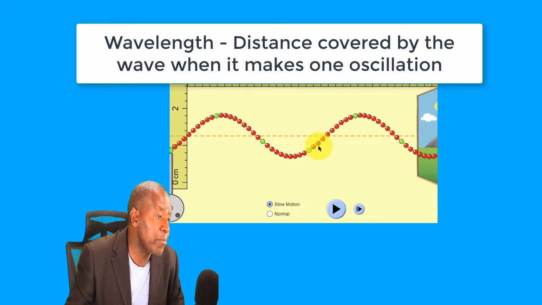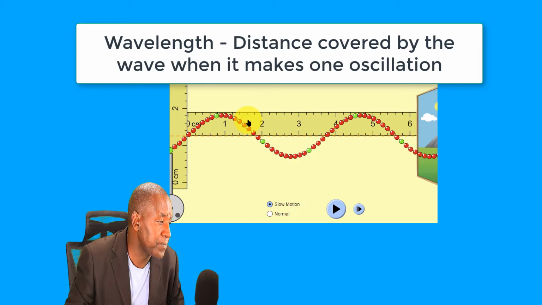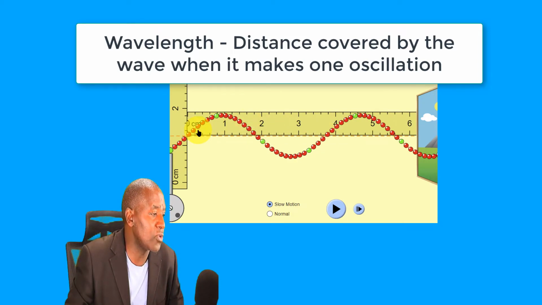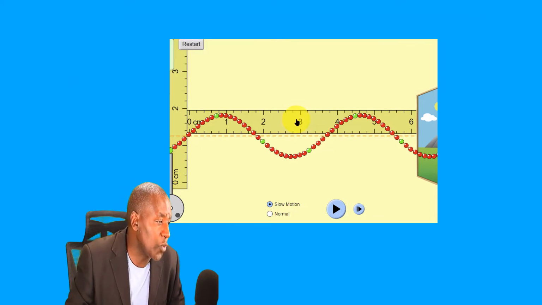So on a wave profile like this, you could measure this distance from that point all the way to this other point, about 3.8 centimeters, for example. That will be a full wavelength.